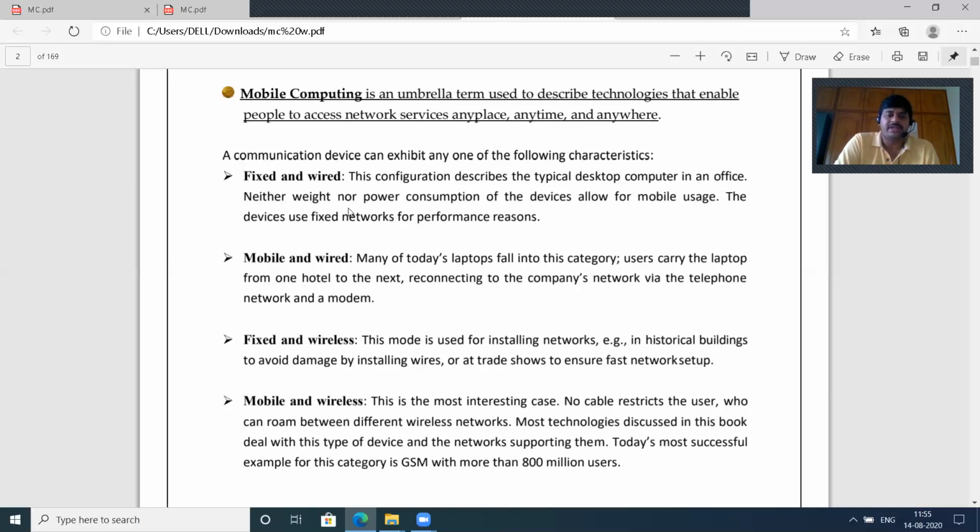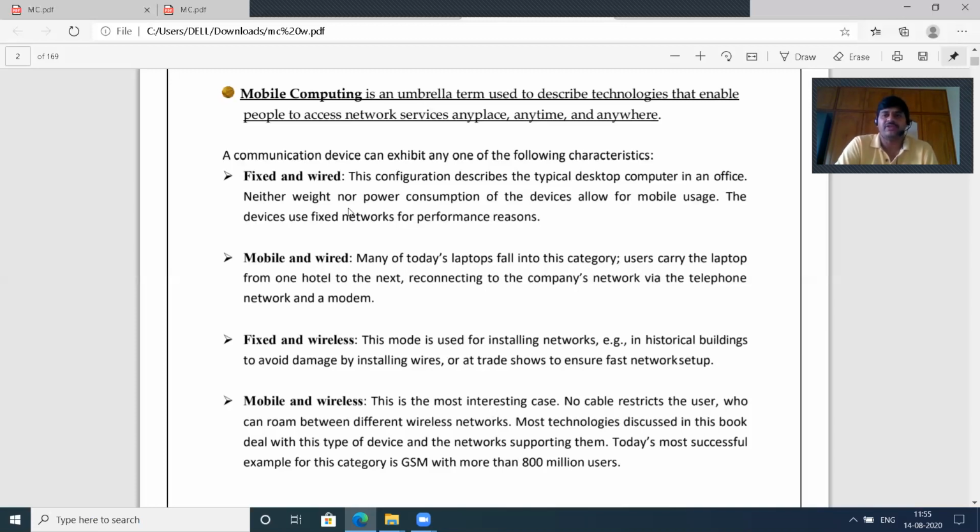Coming to the third property, fixed and wireless. This type of characteristic can be installed in historical buildings like the Taj Mahal, Charminar, some temples, historical places, and some churches, where we cannot break the walls.